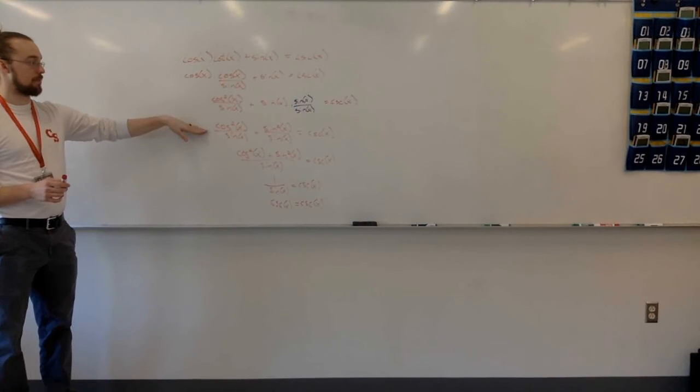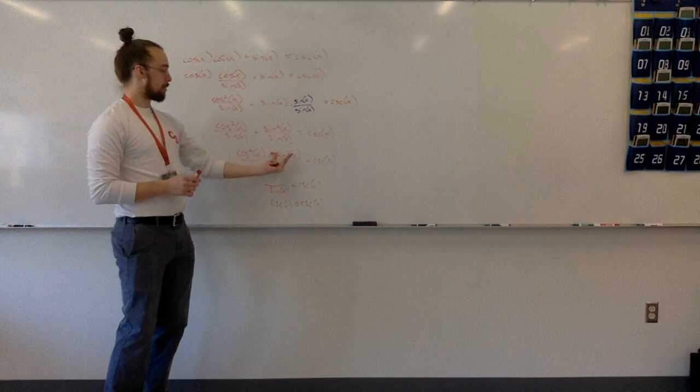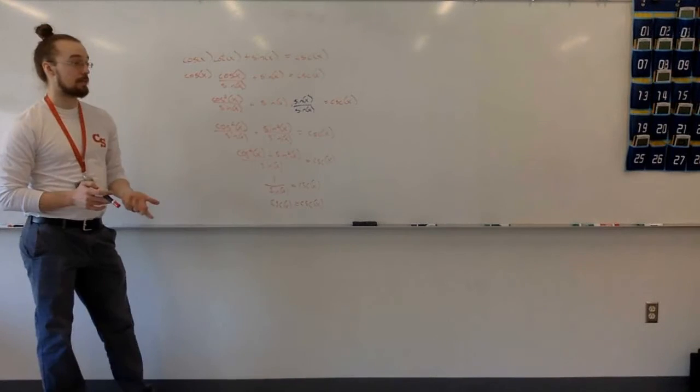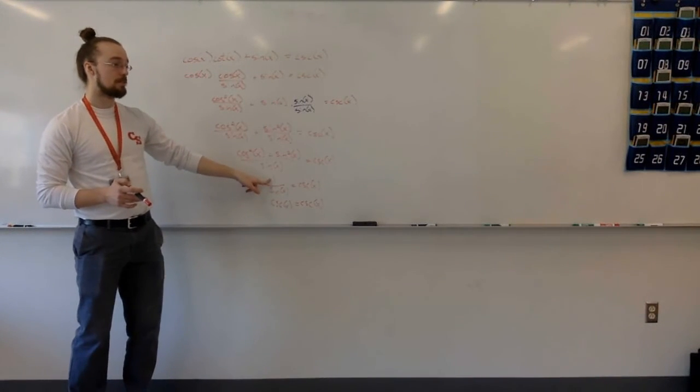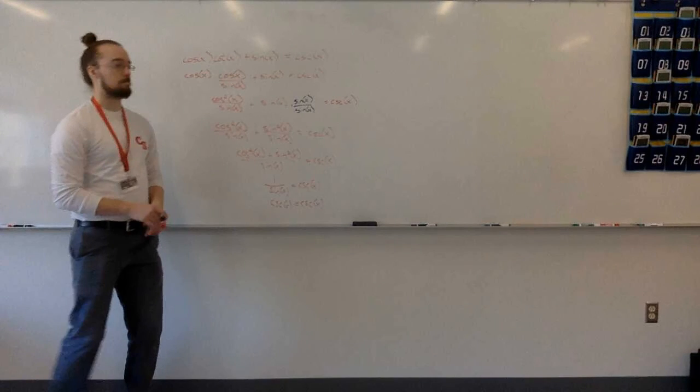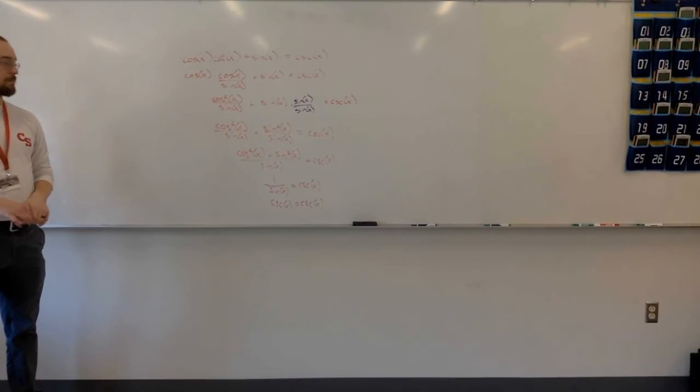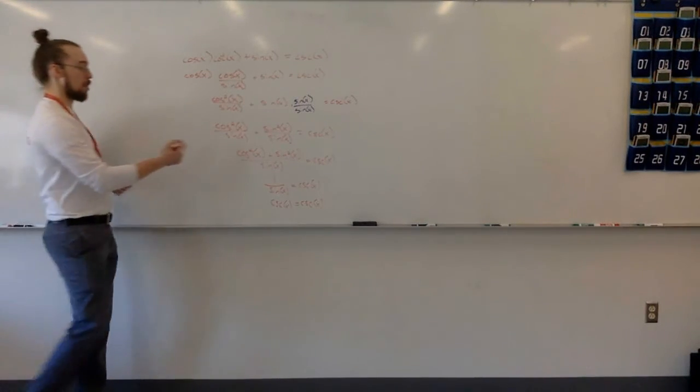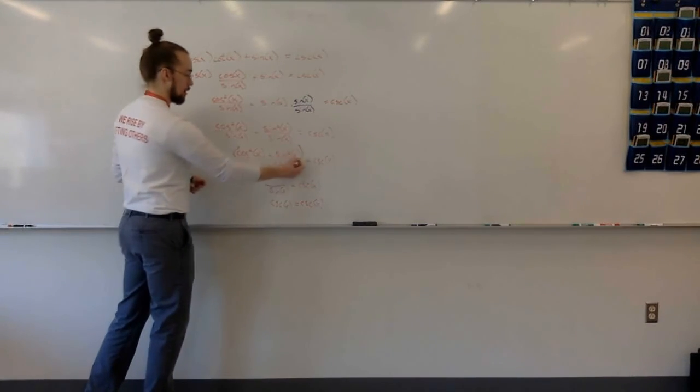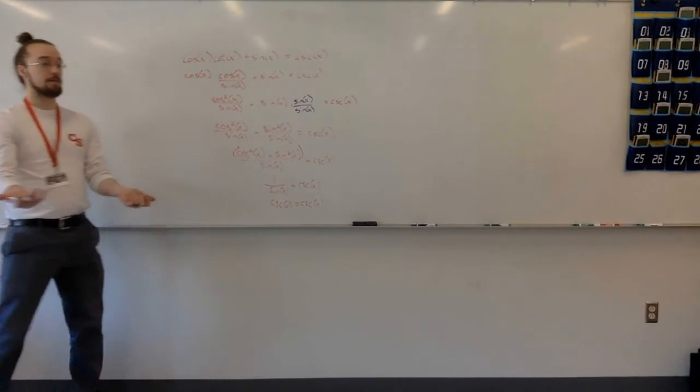Cosine squared plus sine squared is one of our Pythagorean identities. Oh, so that's just equal to 1. I didn't see that. As we were dividing cosine squared minus sine, I was lost. No, we were just saying that this whole thing is our Pythagorean identity. It equals 1.